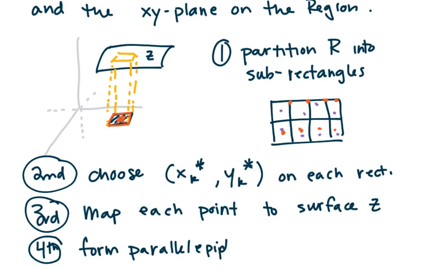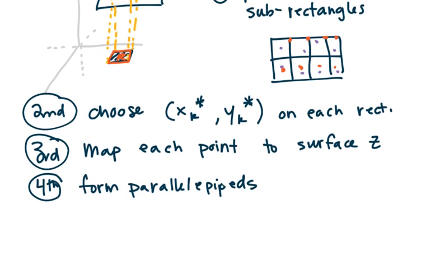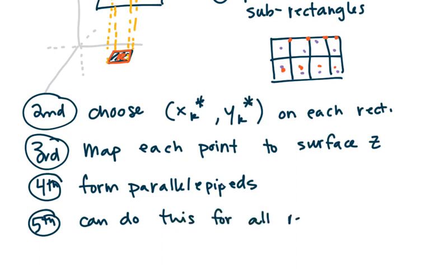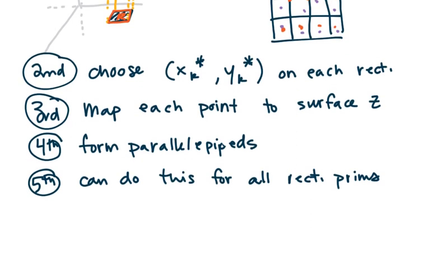I cannot spell this, pipeds. All right, so those are these rectangular prisms, and we can do this for all of the rectangles. All of these rectangular prisms, and we can find the volumes.